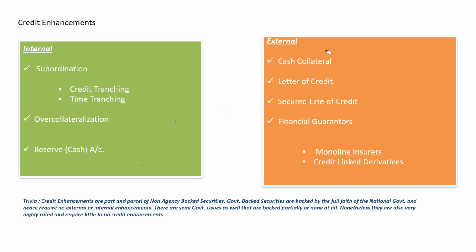On the other hand, the external credit enhancements typically mean that there are external parties involved. We will first start with something called the letter of credit. This is more typical of commercial mortgage-backed securities, or other asset-backed securities other than mortgages.